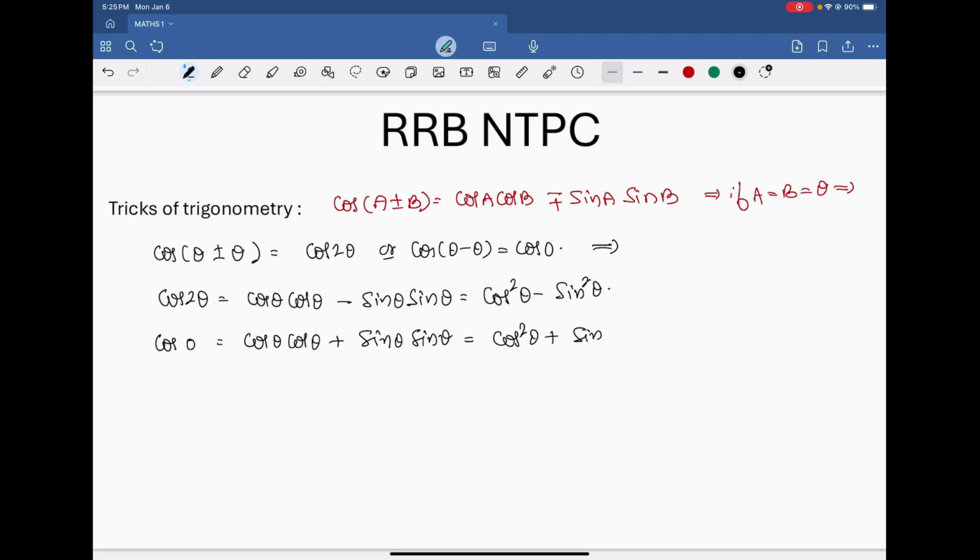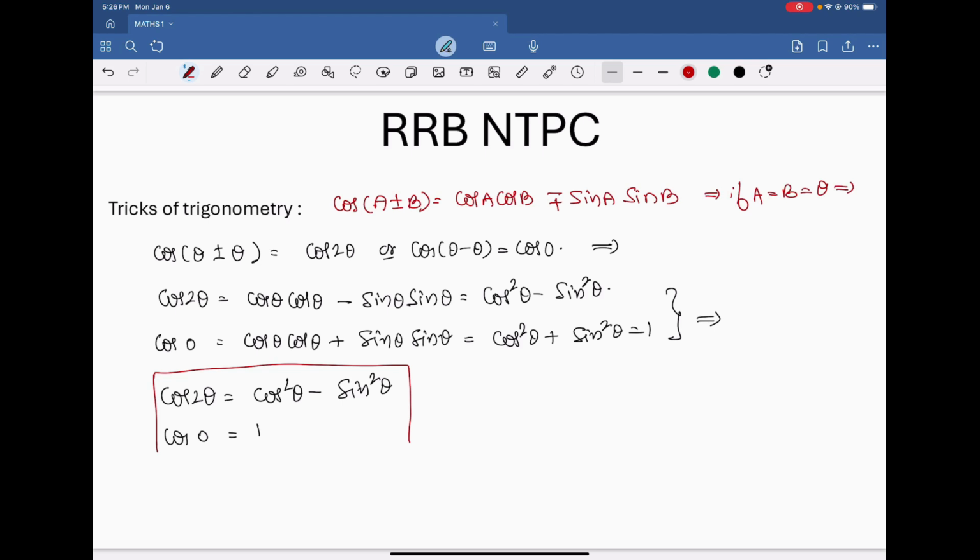From these two, we derive that cos 2 theta is equal to cos square theta minus sin square theta and cos 0 is equal to 1. It's also a very nice expression. Please remember this. Next, we'll take up tan.